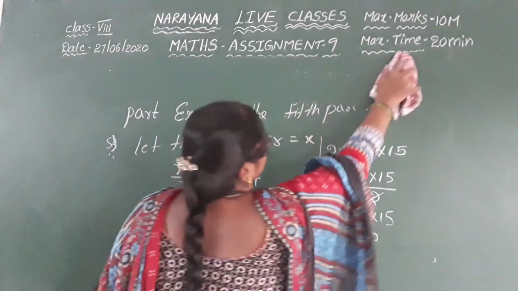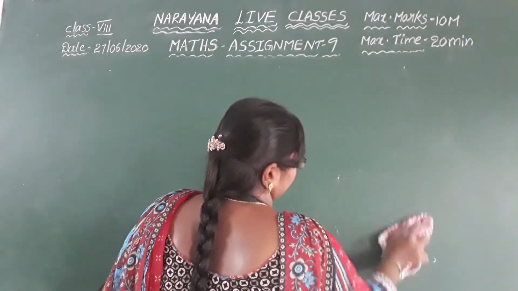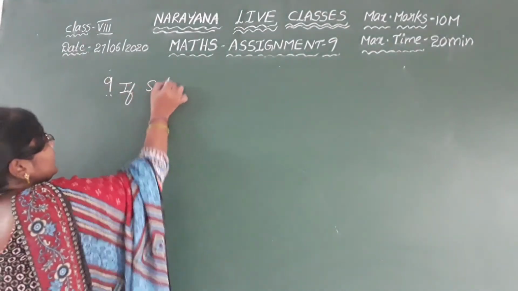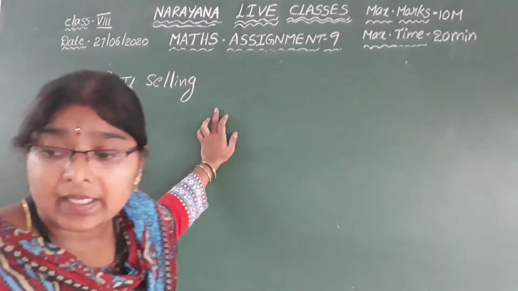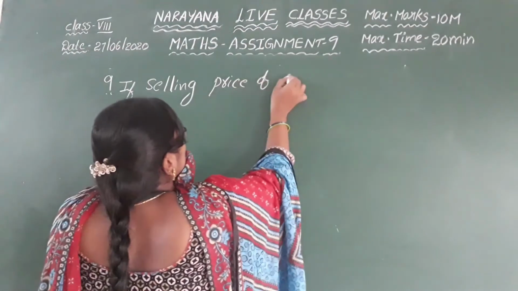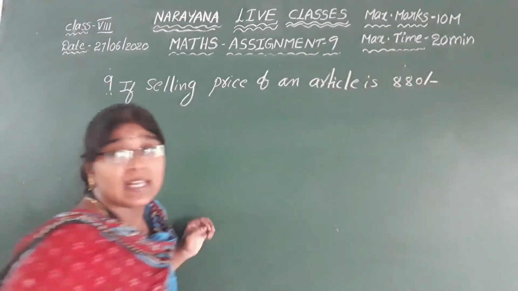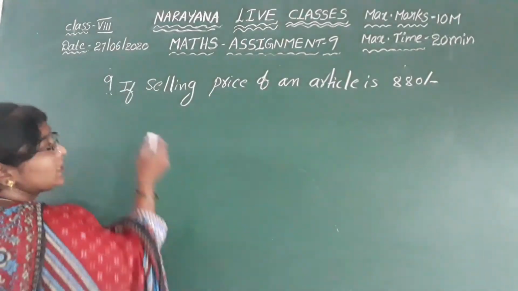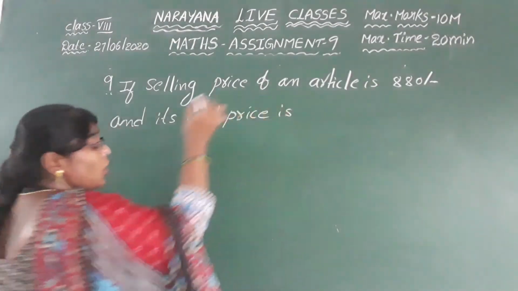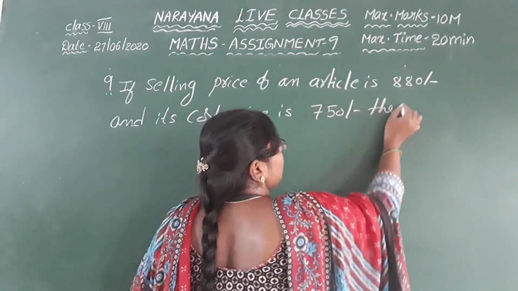Okay, and next, the 9th question. If the selling price of an article is 880 rupees and its cost price is 750 rupees, then the profit is.